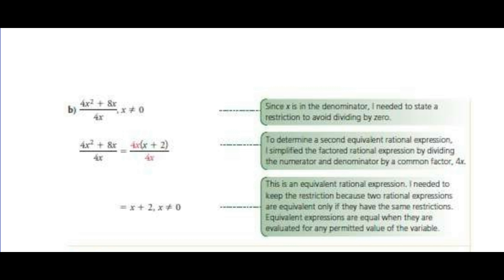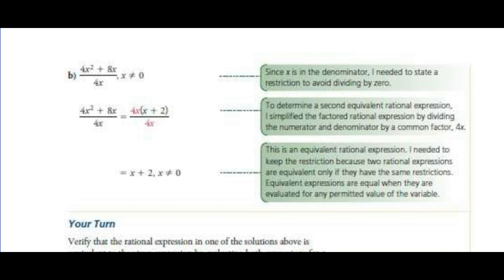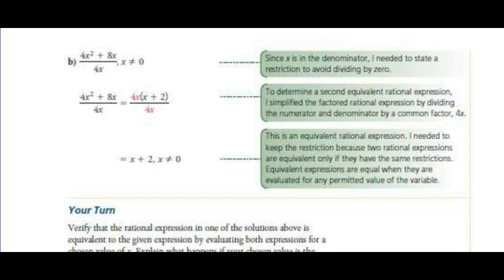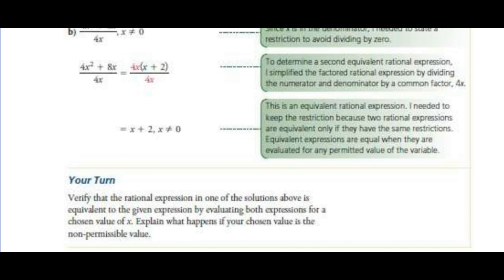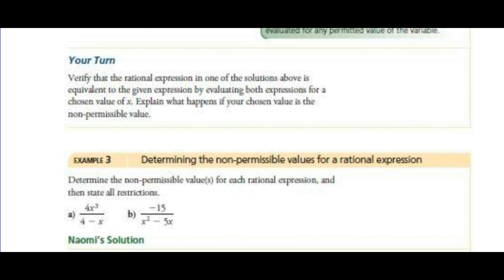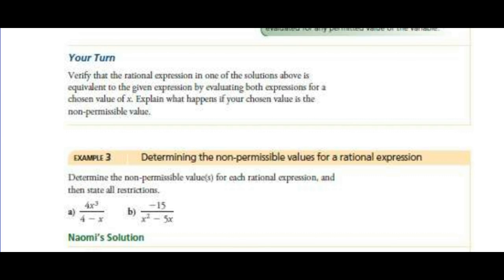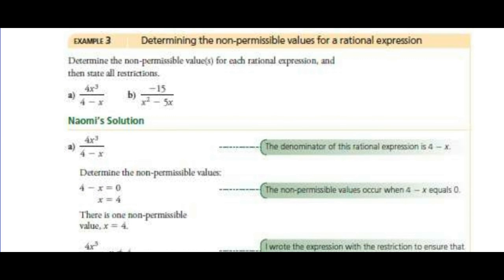And here she did what we did, factoring it down and coming up with the simplest. Since x is the denominator, I need to state a restriction to avoid dividing by 0. Factored it and crossed off the common factors. Verify the rational expression above is equivalent. Then determine non-permissible values and state all restrictions.